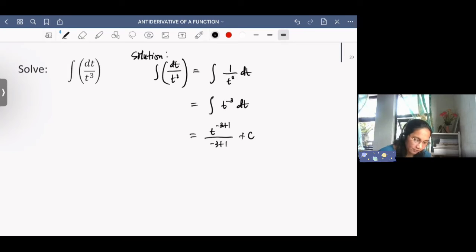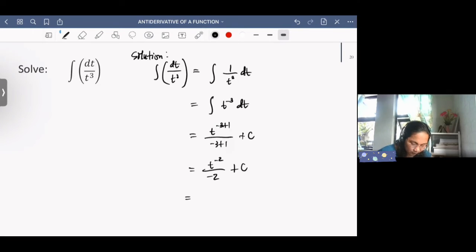Okay? So whatever it is na nasa new exponent natin, you have negative 3 plus 1, yun din yung i-divide natin sa kanya by power rule for integration. So if we are to simplify this, we'll have t raised to negative 2 divided by negative 2 plus c.